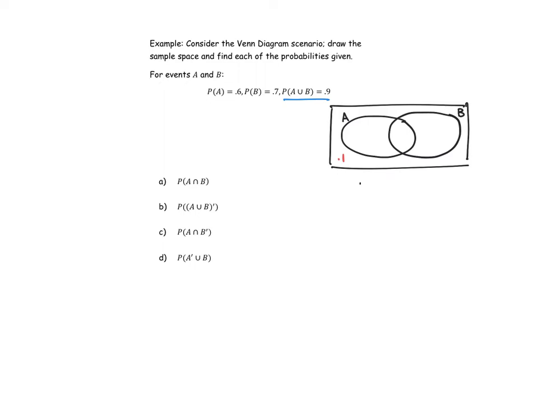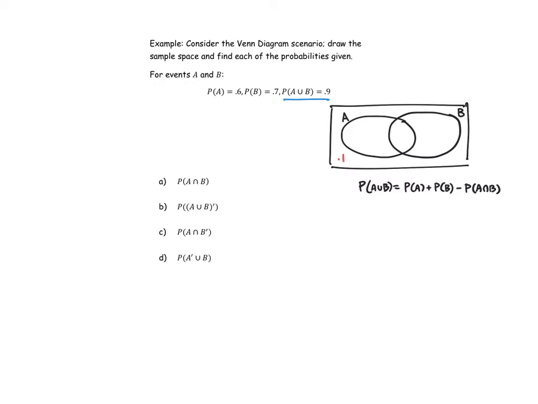Now, by definition, the probability of A or B is the probability of A plus the probability of B minus the area in between. Because when I take the probability of A plus the probability of B, I have counted the probability of both of them twice, so I've got to take it away once.